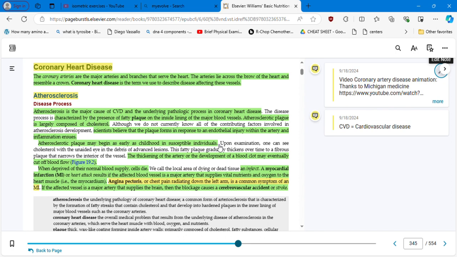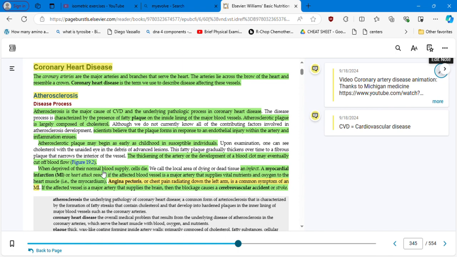Okay. So the disease is characterized by the presence of fatty plaque in the inside lining of the major vessels. Atherosclerotic plaque is largely composed of cholesterol. Now, the thickening of the artery or the development of a blood clot may eventually cut off blood flow. So not only do we have the plaque, but there's a risk of blood clot.